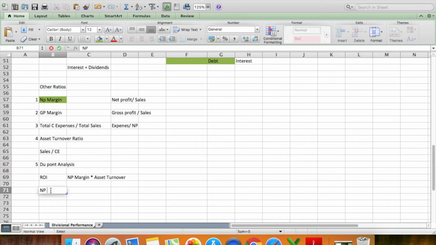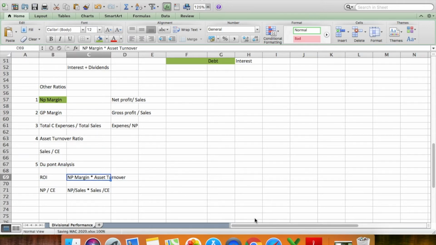So NP divided by CE is calculated also as NP divided by sales into sales divided by CE. Looking at this, you can see that the sales can be cancelled out and you will be left with NP over CE. So DuPont analysis is a very nice analysis, where you can calculate ROI directly by using the margin and the asset turnover ratio.